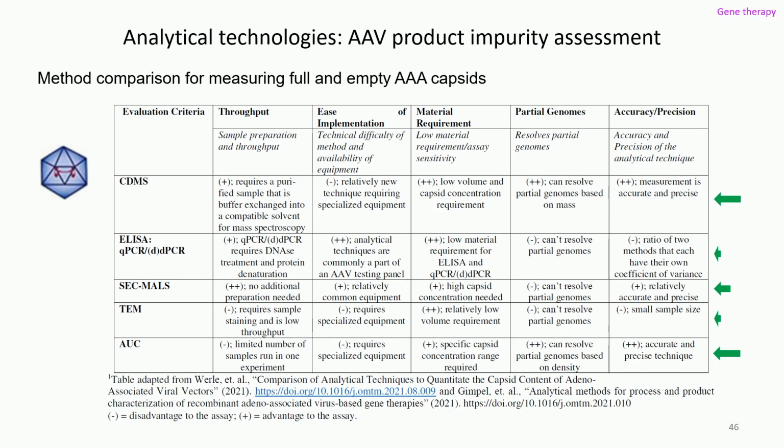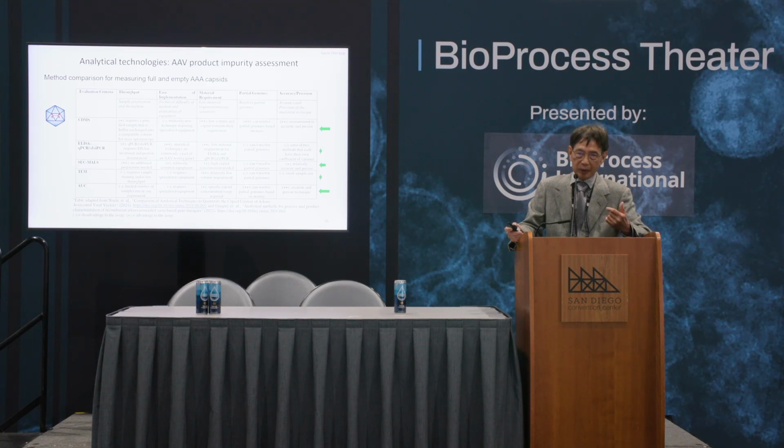Okay, and then recently a new technology was developed called CDMS. So this is another white paper published there. They summarize all these 5 different technologies. And the most promising I highlight over there. Number one is CDMS, and the other one is AUC. Again, it's the gold standard. And the other ones are still okay, but they're not really recommended by this white paper to FDA.